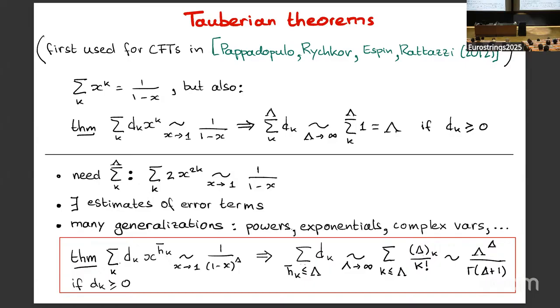And it says that if you just modify the coefficients arbitrarily, subject to a constraint that they're bounded from below, let's say positive for simplicity, or non-negative. I modify them arbitrarily, but I still demand that as x goes to 1, this sum converges and behaves like this.